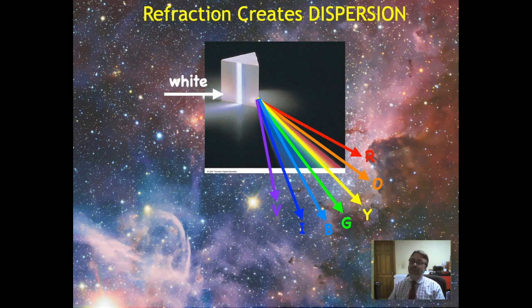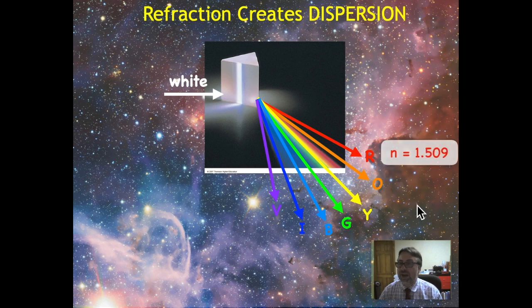Well, if you look at the index of refraction for each one of these rays, you will see that it's slightly different based on the wavelength of the ray. That is, for this prism, if I looked at the index of refraction, say, for red light, it would have an index of refraction of 1.509. That's really close to 1.5, but it's a little bit larger.